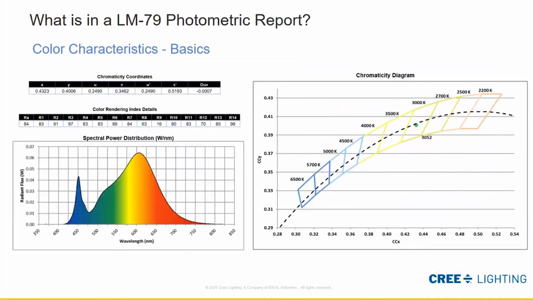Yep. So the quadrangle is effectively 7 MacAdams. Obviously, from the black body, if you move plus or minus so much distance, the concept is that beyond that, ANSI has defined it as not in that color scope anymore. So you're getting a shift that is too far, and you can't really call it a 3000 Kelvin product.